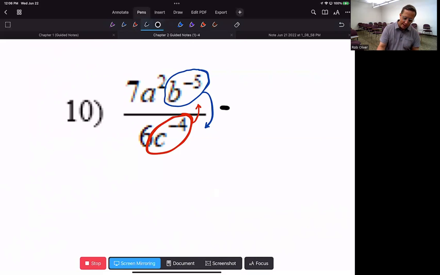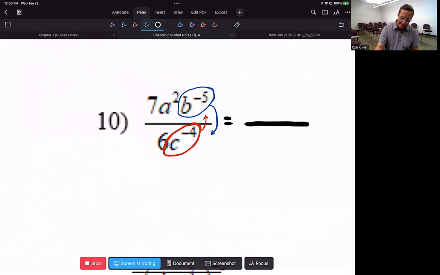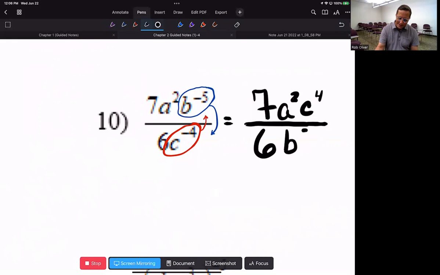When we write all this out, we've got 7a squared, and then C to the 4th, because that C moved up. Then down in the denominator, we've got a 6, and then the B moved, so you've got B to the 5th.